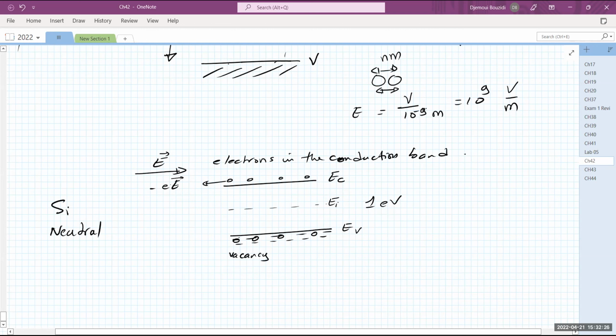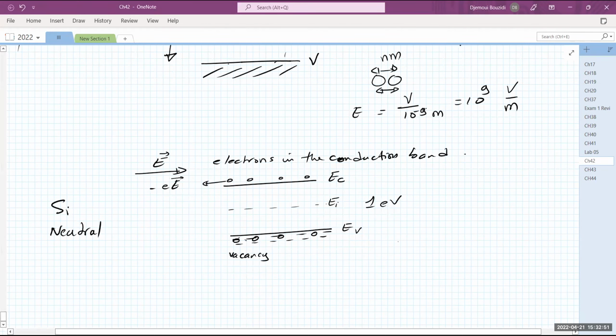So when you apply an electric field this way, this electron that was sitting in here, near its silicon atom, and was neutral, can actually jump to the next atom and fill that vacancy, fill that gap. Then it's going to leave behind a vacancy when it does that.